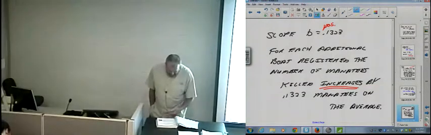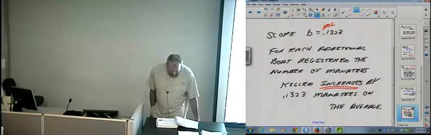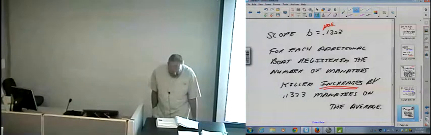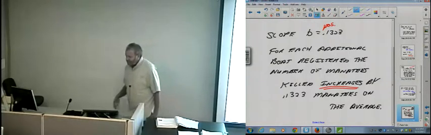I don't think they'd ask me to do that. Suppose we expect the number of boats registered in Florida will be 890,000 in 2014. What would you predict the number of manatees killed by boats to be if there are 890,000 boats registered?